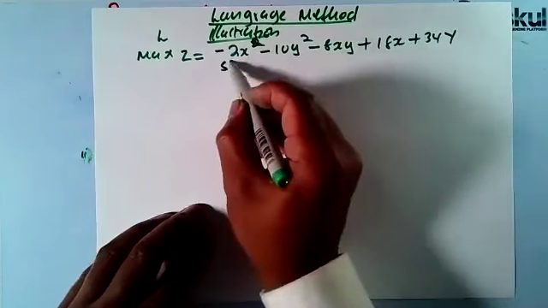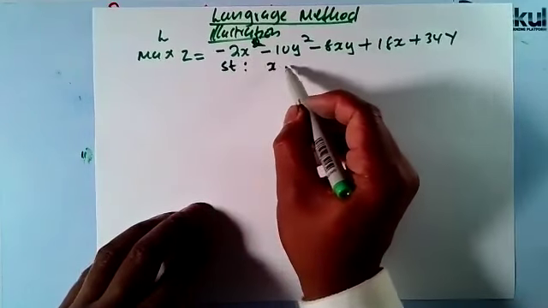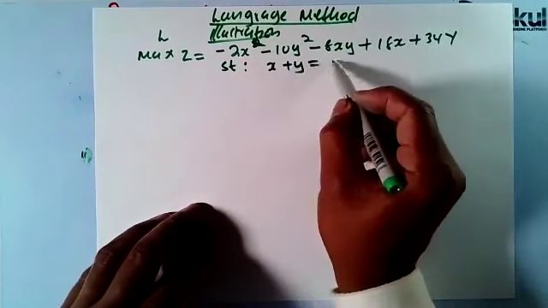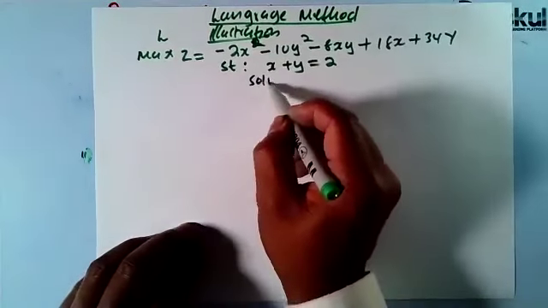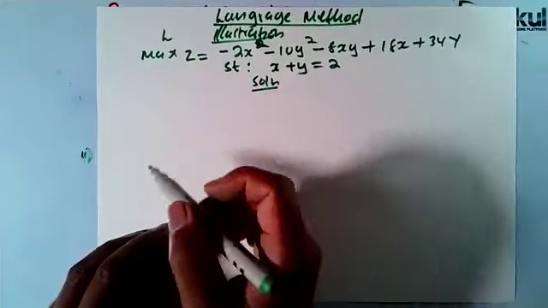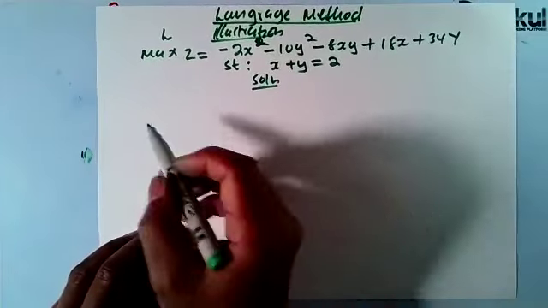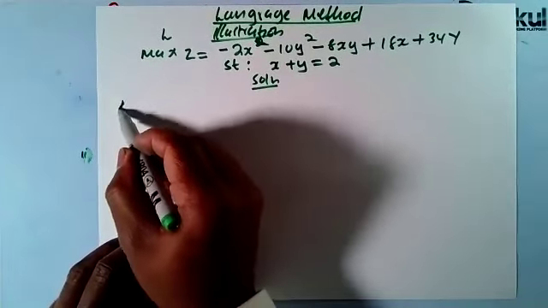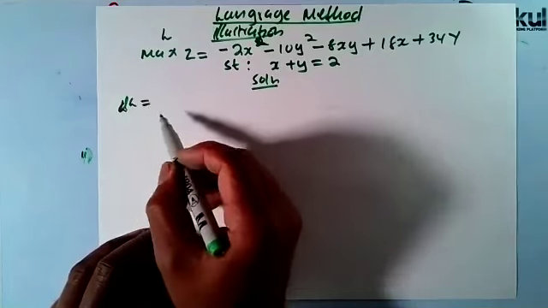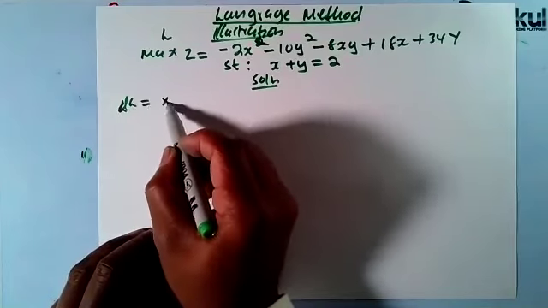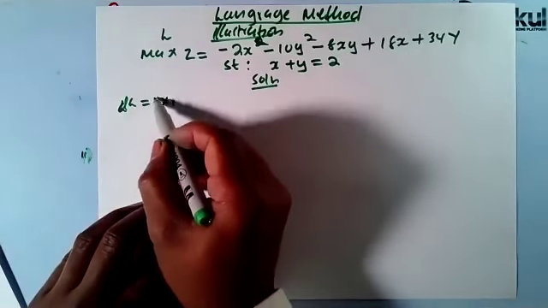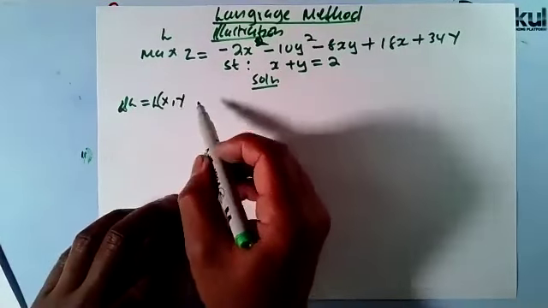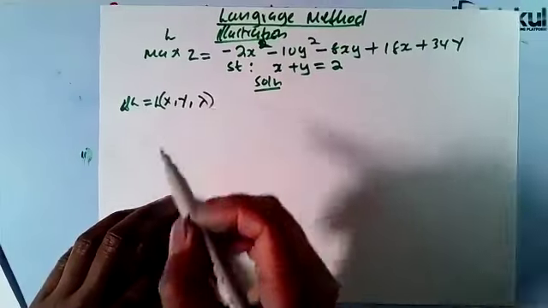Then you're told subject to x plus y is equal to 2. So how do we solve that? This is how you solve. You introduce the Lagrangian. So the Lagrangian is L of x, y, and then you bring in the lambda.